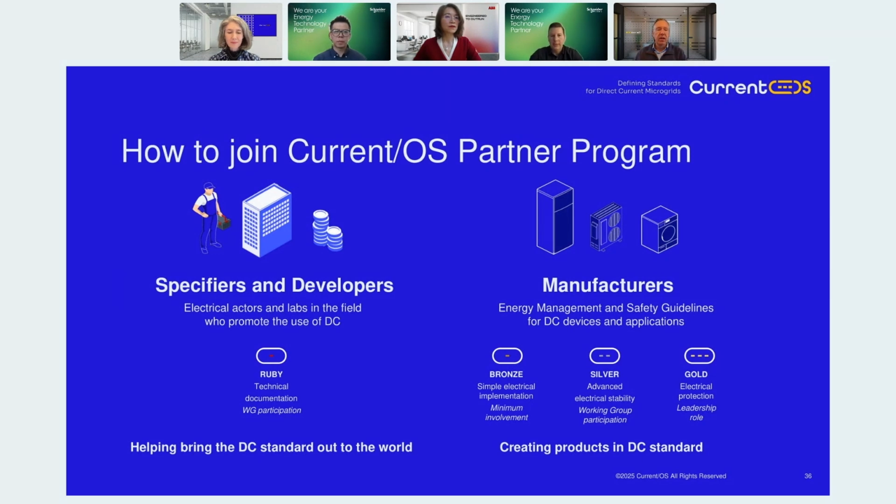Intertripping is currently being developed in Joint Working Group 44 in the prosumer electrical installation IEC group, which I was referring to before, and it will be in the next revision. But also in current OS we already have a requirement and specification for that. If you are especially interested, you can reach out to me and I will send you what we have for the moment.